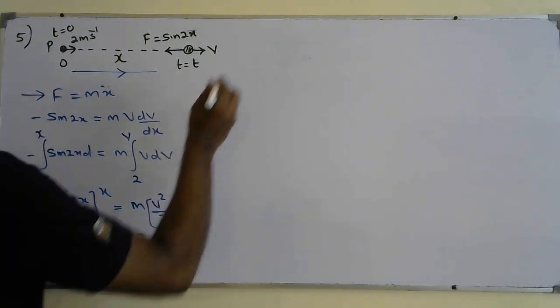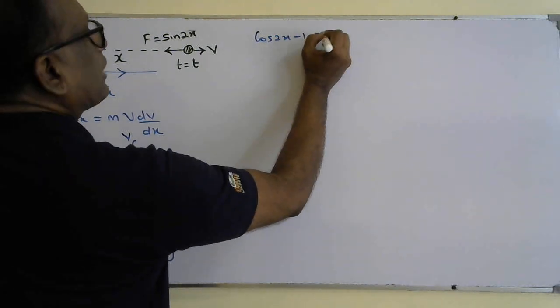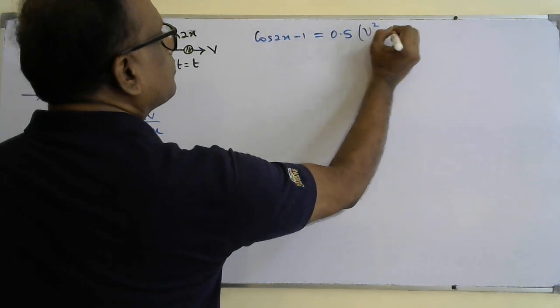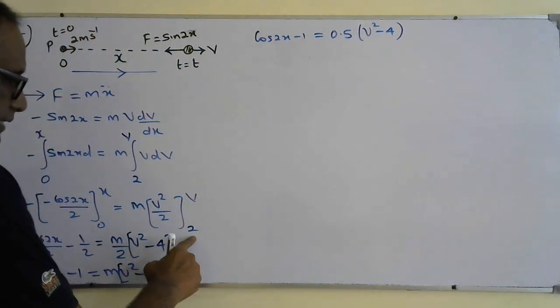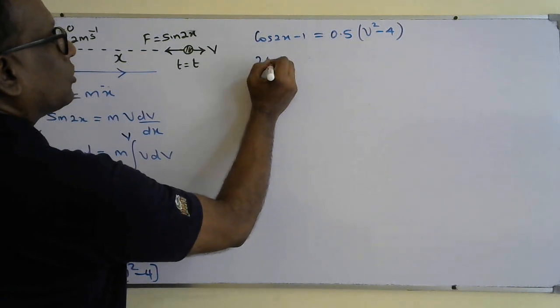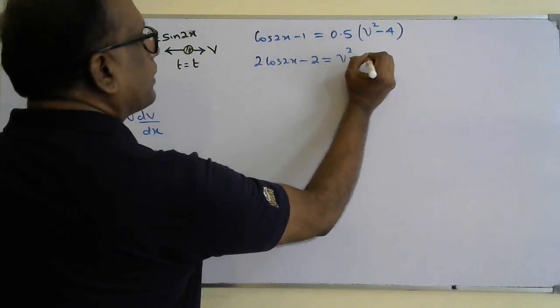So cos 2x minus 1 is equal to 0.5 v squared minus 4. Yeah, that was the mistake earlier. Okay, so that's going to be, half means, 2 cos 2x minus 2 equal v squared minus 4.